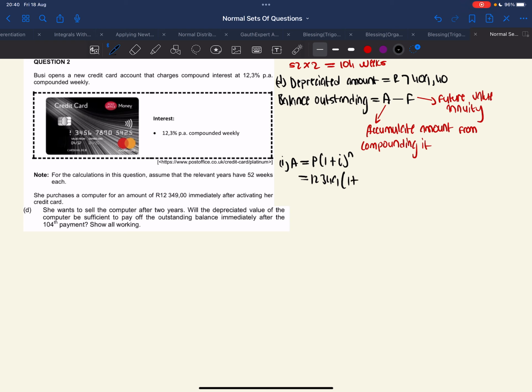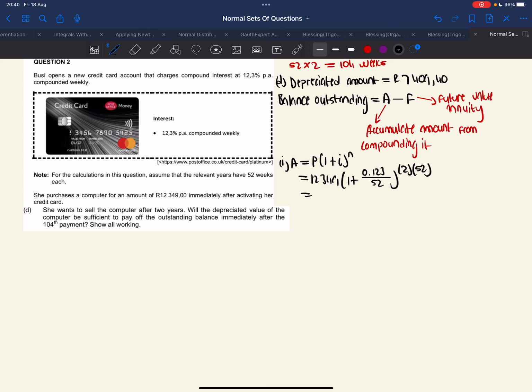12,349 times (1 plus 0.123 over 52) to the power of 2 times 52.